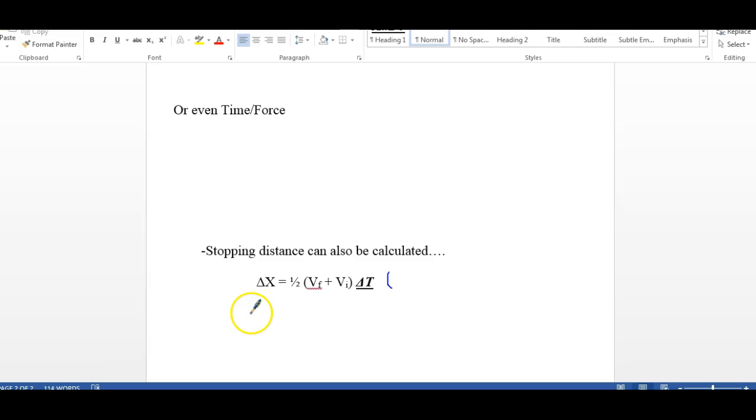We'll just plug in. Change of x, we don't know. That's going to be 1/2, and the velocity final is 0, plus the velocity initial is 35, so it ends up being 35. Then change in time is going to be 10.5.